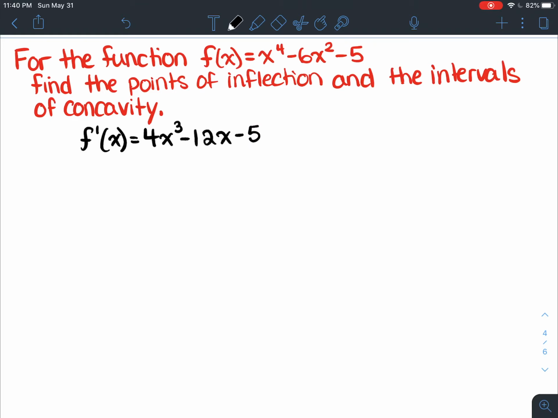So that's the first derivative. And why don't we also find the second derivative? The second derivative is found by finding the derivative of the first derivative. So our second derivative will be 12x squared minus 12. Cool, so now we have the first and second derivative.